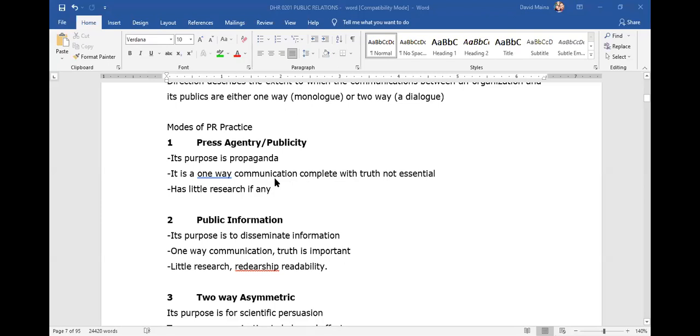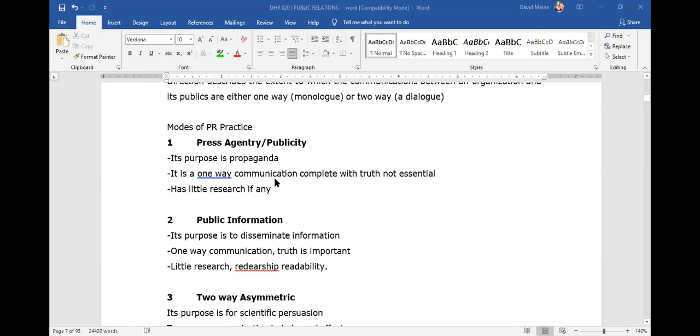When you are saying that we are number one in East and Central Africa, you are using the media to advertise yourself. That is propaganda, and that is one-way communication.